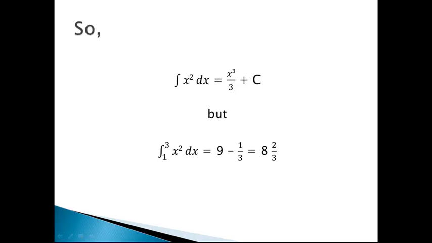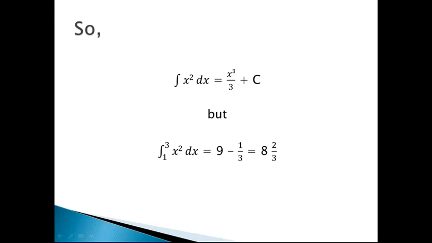So the solution to the definite integral over the interval from 1 to 3 is 8 and 2/3, a number, whereas the solution to the indefinite integral is a function, and this function can be used to find the, so to speak, area at any point, say at 1 or at 3 or at any other point.